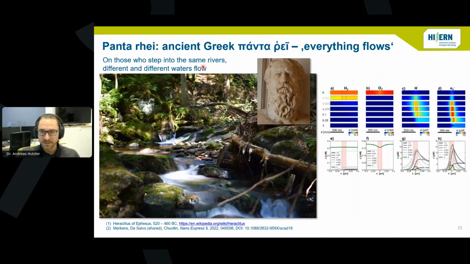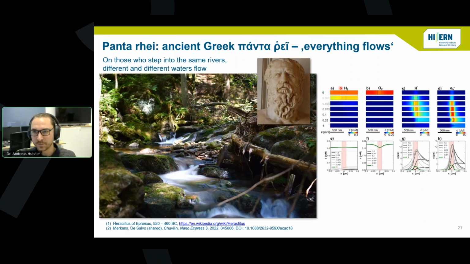And actually, the group at Nanogune in Spain have simulated a condition, which influence a flow on the radiolysis product would have.